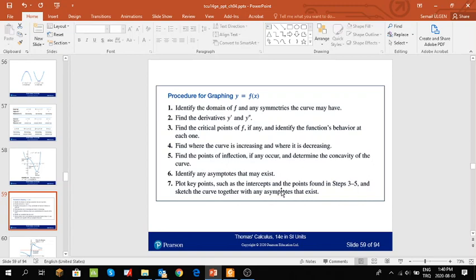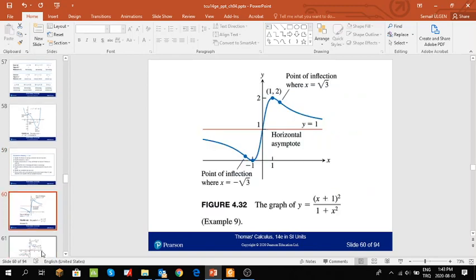In other words, you have to state where the graph intersects the x-axis and where the graph intersects the y-axis. You just put them on the graph and you're fine afterwards. Okay, so that's how you would do it.